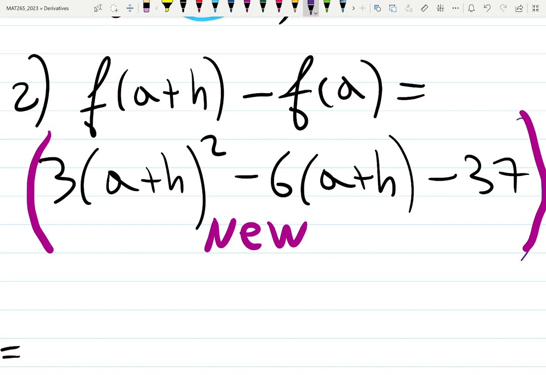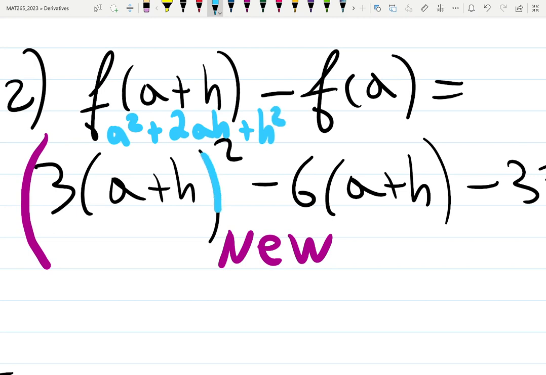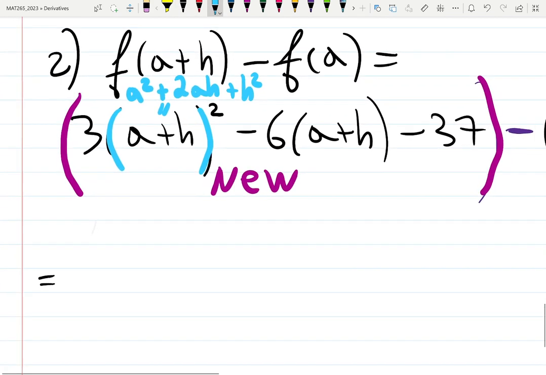So usually I don't like rewriting it every time. I take a pencil. In this case, I'll take a different color. And I write down a squared plus 2ah plus h squared. This is how I'm converting the square of sum. Let's keep it like this. A squared plus 2ah plus h squared. See lecture 0. I always review this formula in lecture 0.